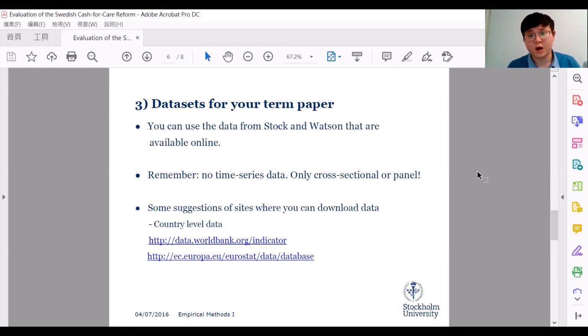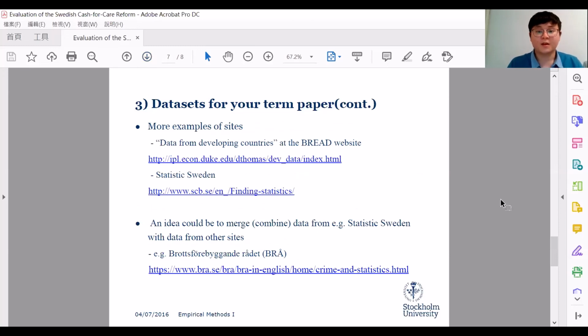If you would like to try country level data, you can find it in Eurostat and the World Bank, or from Statistics Sweden and also the BRÅ website. Or if you would like to combine some data from Sweden, other than Statistics Sweden, you can also take a look at the Brottsförebyggande rådet, which stands for BRÅ. I think you understand it even better than me. It is about crime statistics in Sweden.